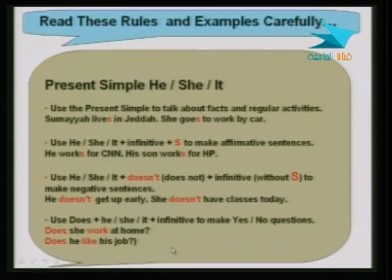Example: does she work at home? Does she work at home? And the second question: does he like his job? Does he like his job? Notice here the verb also drops the s because it's already taken here, attached to the helping verb does.